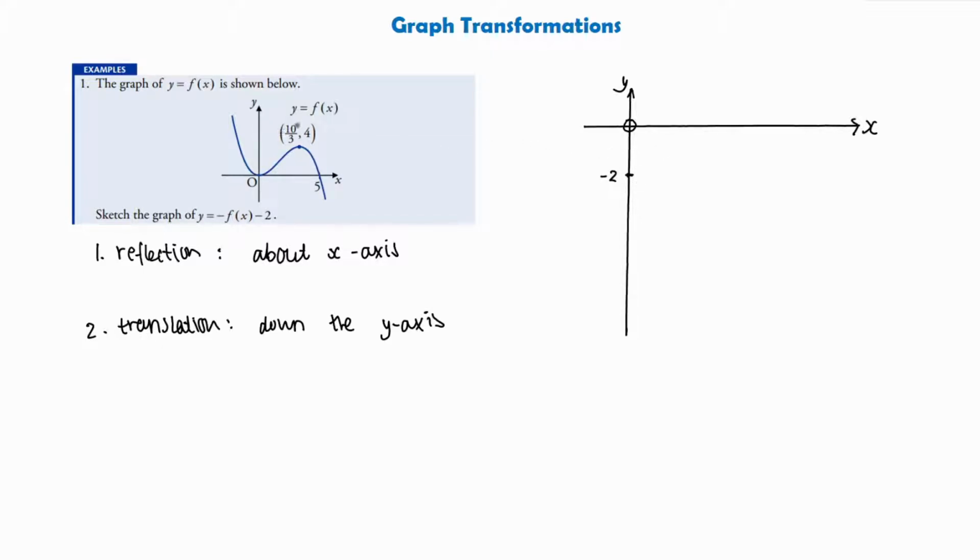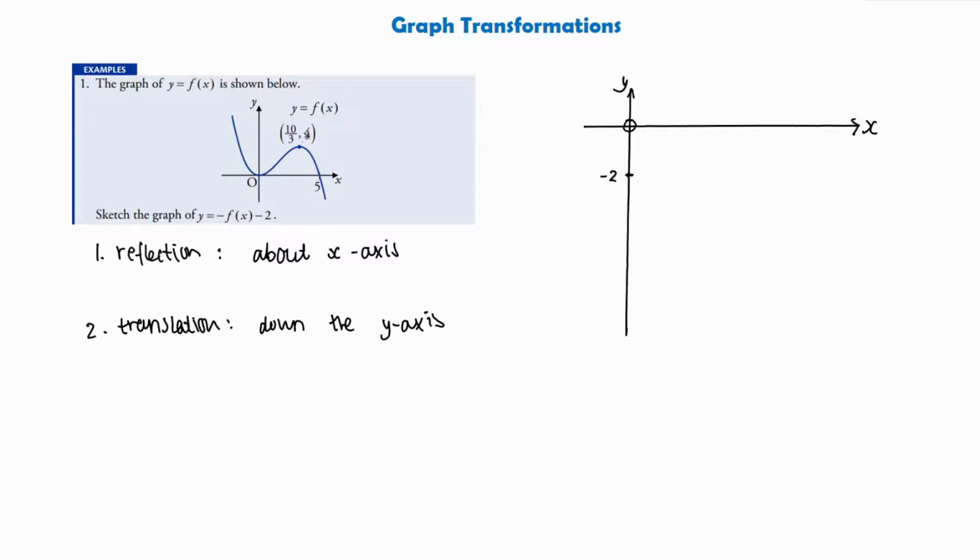The next point we have is (10/3, 4). Now, because we are reflecting it about the x-axis, we know the y-coordinate is going to change, and we're simply going to stick a negative in front of it. So we're going to have (10/3, -4), but we are also doing a translation. So the y-coordinate is also going to go down by 2.